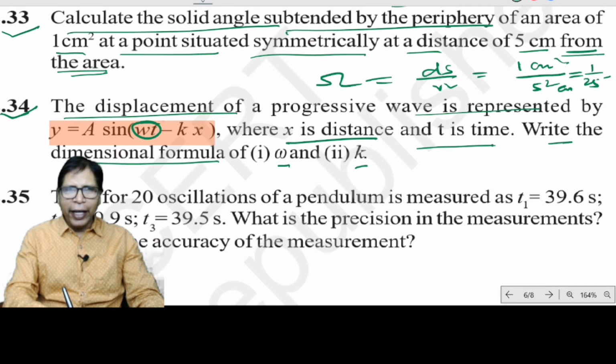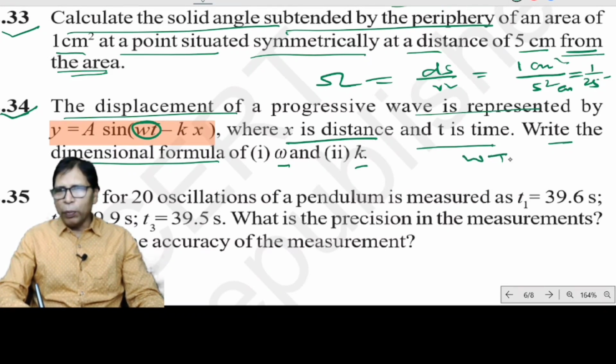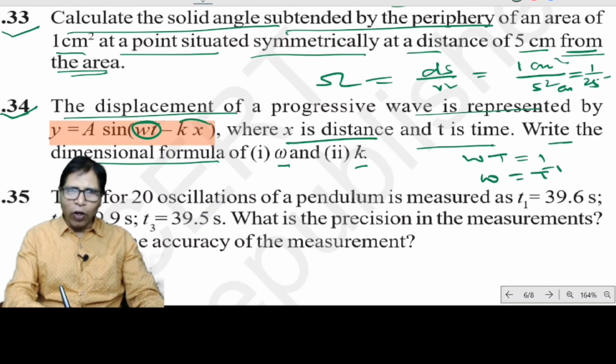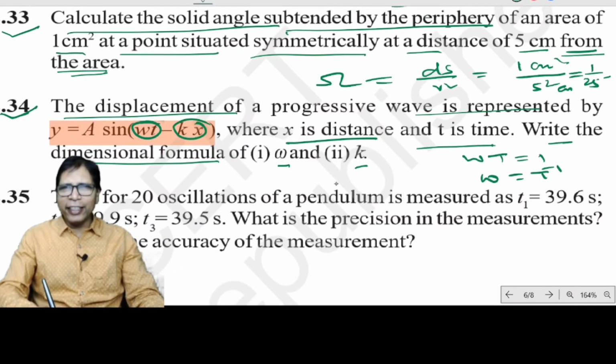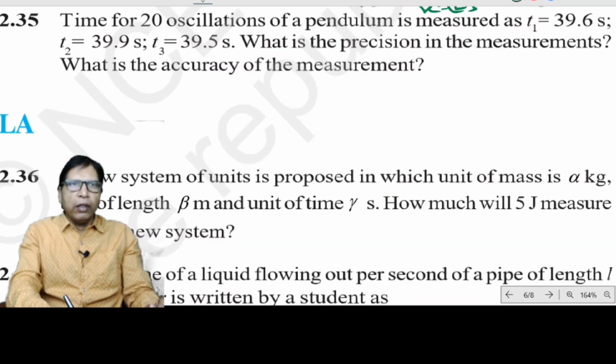This is the angle. So angle is dimensionless. Therefore omega t equals 1. So omega equals T to the power minus 1. Same way, kx is also an angle. kx is dimensionless. So kL equals 1. So dimension of k is L to the power minus 1. Okay, understood?